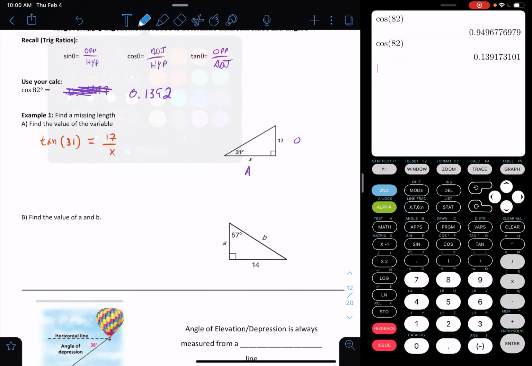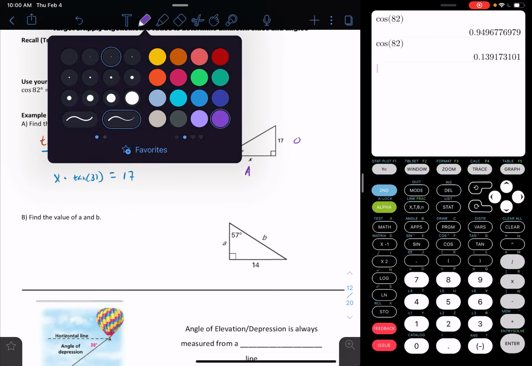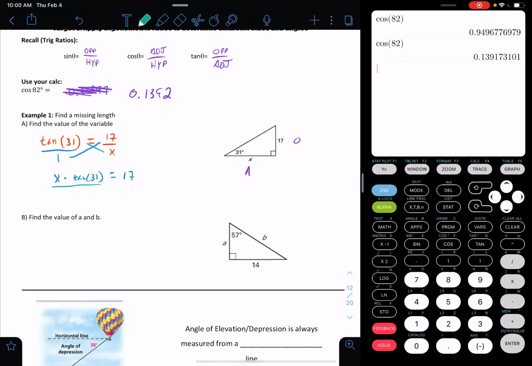Well, since our variable is in the denominator, we could cross multiply. So we've got x times tangent of 31 equals 17. So tangent of 31 is just a number. So what's happening to x? It's being multiplied by a number. So to undo multiplication, I'm going to divide. So I'm going to divide by tangent of 31.